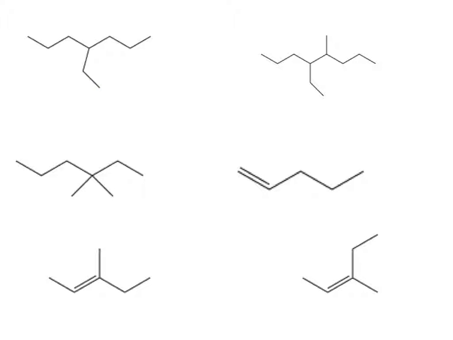Therefore, our longest main chain is this chain right here with our 7 carbons. And so that chain will get the root hept. This is an alkane with all single bonds, and so we get the suffix ane.